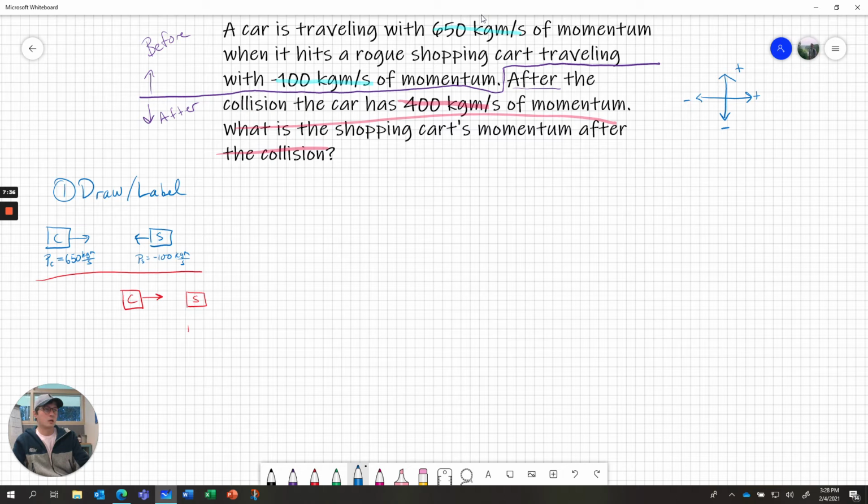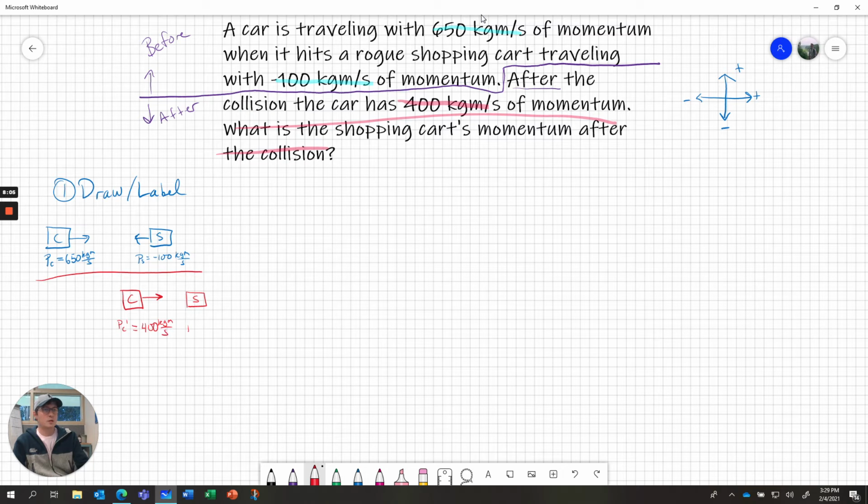And then after the collision, we have the car going with 400. So you notice I put PC prime. Remember, prime means after. So PC prime is momentum of car after, which is equal to 400 kgm over s.